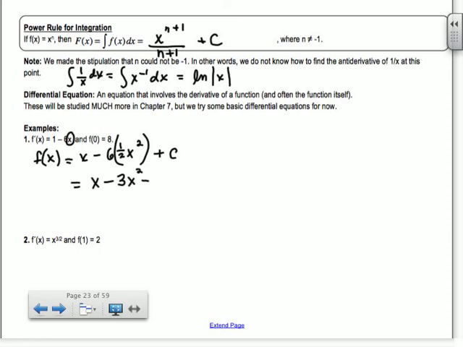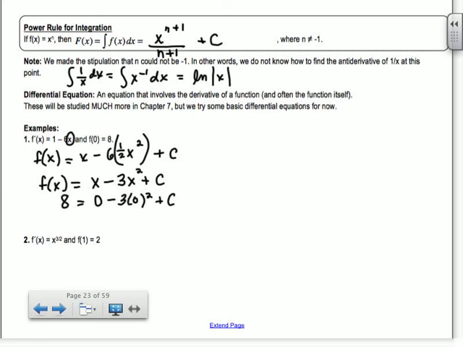Okay, but we were given additional information. We were given that f of 0 is 8. So that allows you to solve for the c value. So I get 0 minus 3 times 0 squared plus c is equal to f of 0, which is 8.